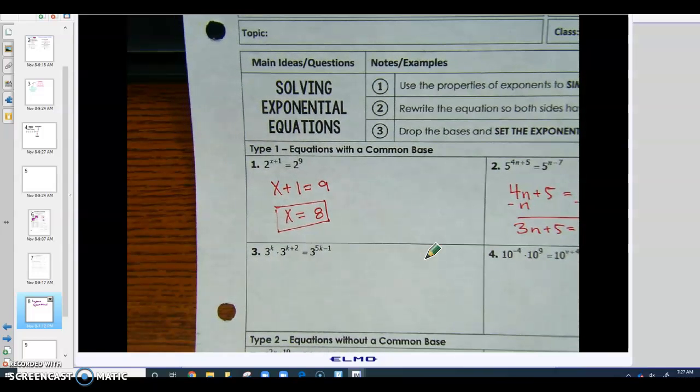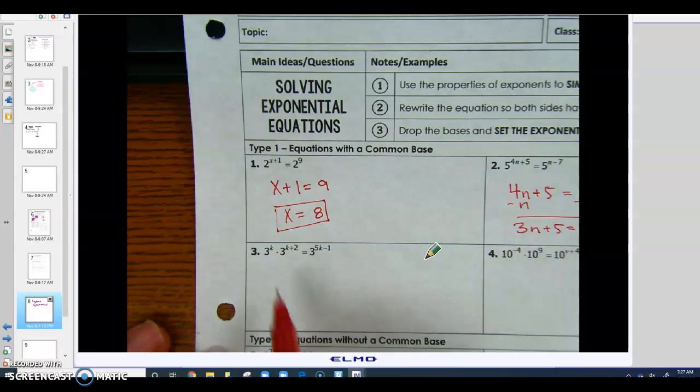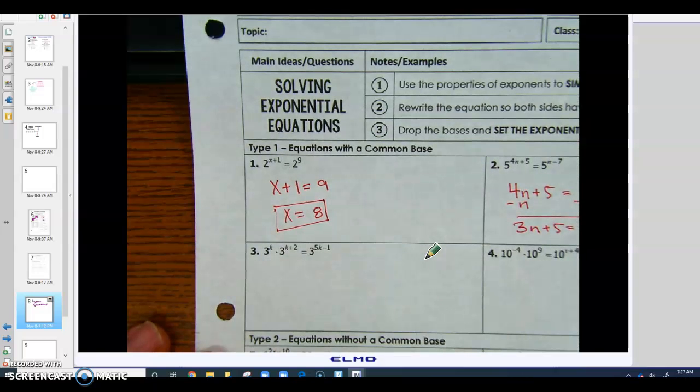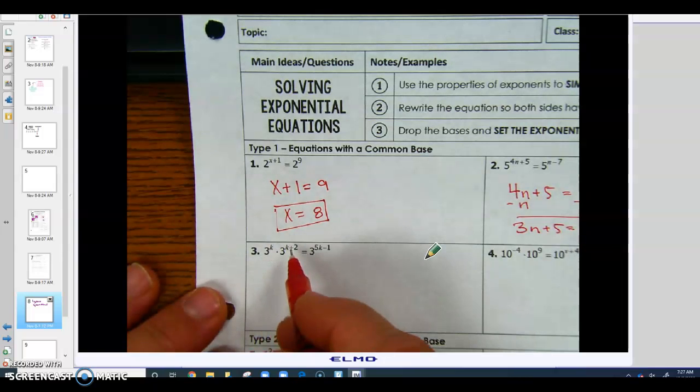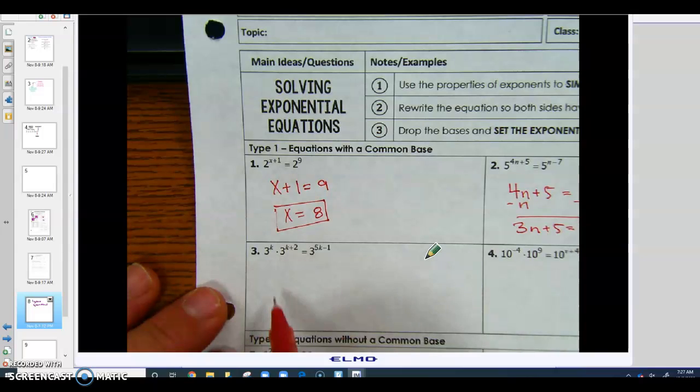Now, in problem number 3, the left side is not simplified because we have 2 bases. We need to combine those bases. And we're supposed to add the exponents because we're multiplying like bases. That's one of our property rules. One of the things that a lot of people mistake right here is they multiply the 3 times the 3. You don't do that. You just condense them.